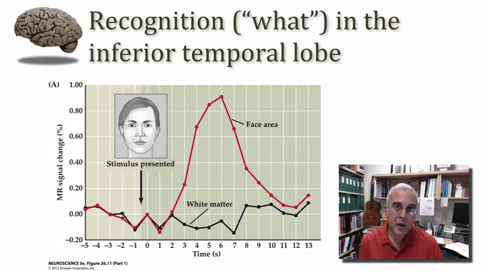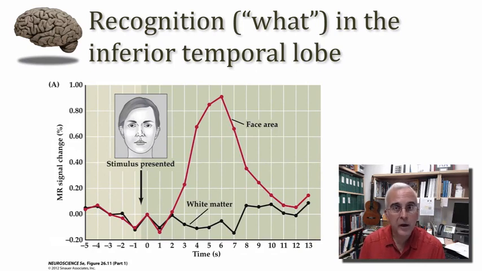However, typically an important step towards interpreting that social context requires the recognition of the identity of that face. We want to know, is this face friend? Is it family? Is it foe? And these recognition events are what lead us towards an understanding of the intentions of this person who's confronting us.